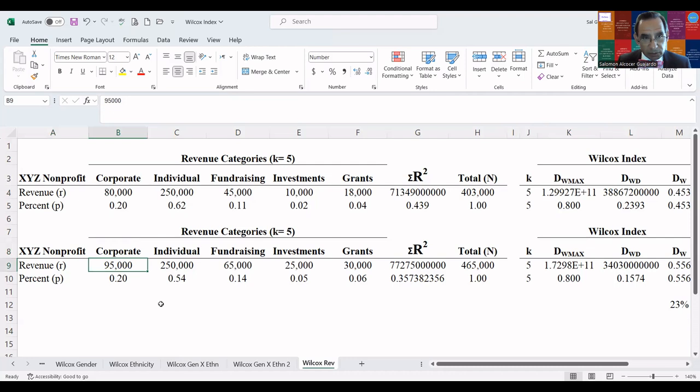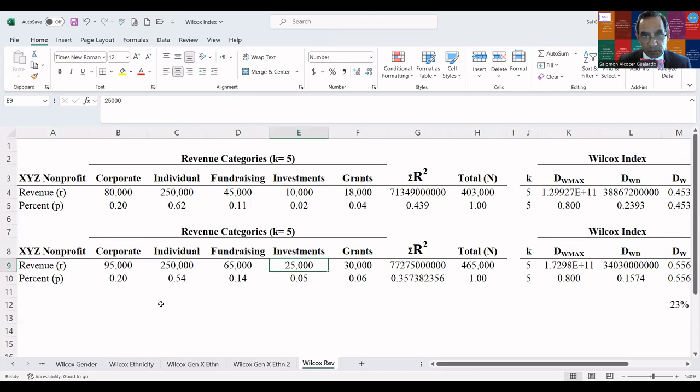So here I increased the corporate revenue from 80,000 to 95,000. I left the individual donations static or constant. I increased the fundraising revenue to 65,000 from 45,000.